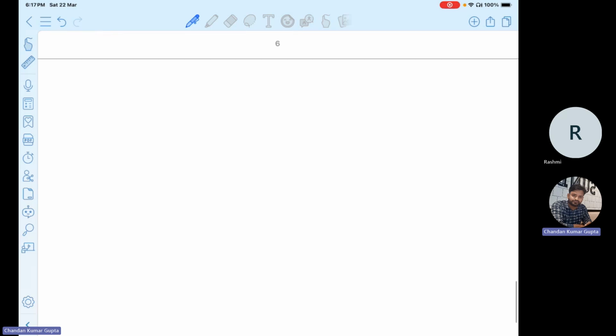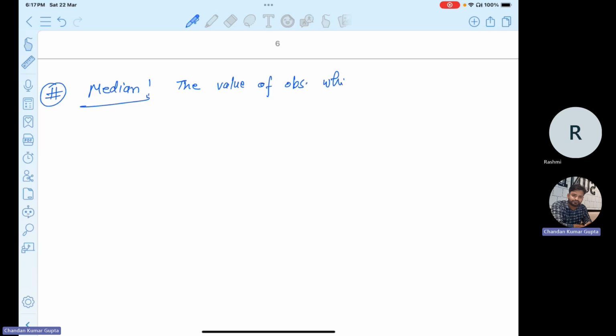In a similar manner, median is also there. The median is the value of observation that divides the whole data into two equal parts.